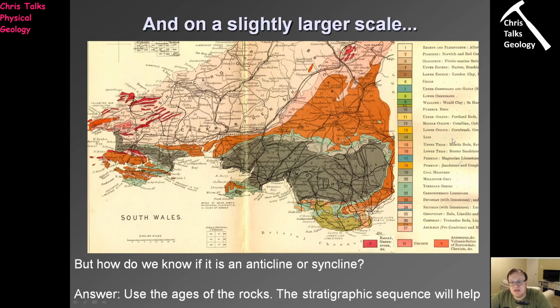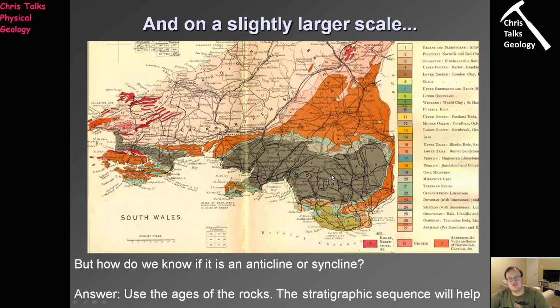So the fact that we have the same rocks on this side and this side is another indicator that things have been folded. So this is Devonian, and the rocks here in gold are going to be Permian, and this is going to be Carboniferous.